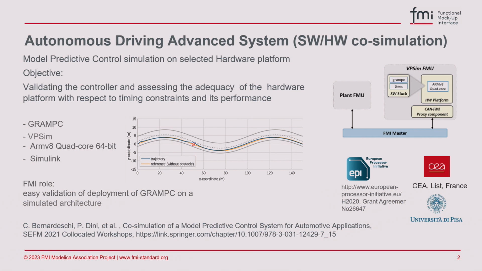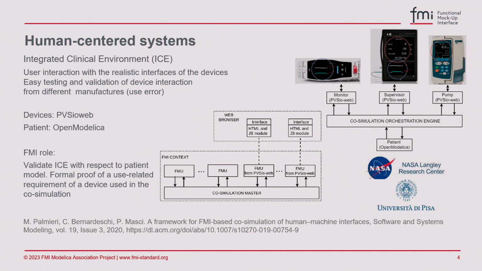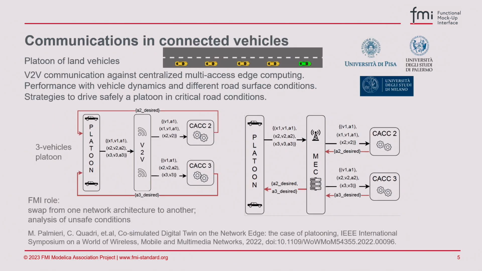You can see in the slides the role of FMI was to enable the easy validation of a controller on a simulated architecture. Sorry, I'm not going to go into the details, and I'm sorry, Maurizio, I'm butchering his slide on the applications where they worked very hard at the University of Pisa to enable this. We have an application on quadcopters as well, where we have used FMI. Again, I leave it for reference. Another application is in the medical domain, where we have used FMI.